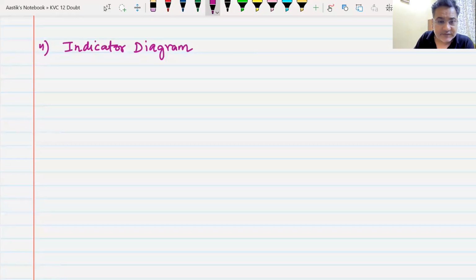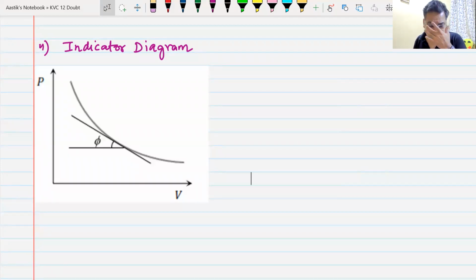The next thing that comes is the indicator diagram. So write the heading indicator diagram of this gentleman. And the indicator diagram of the gentleman looks like this. It looks of the similar nature as your isothermal process, but the slope is not the same.